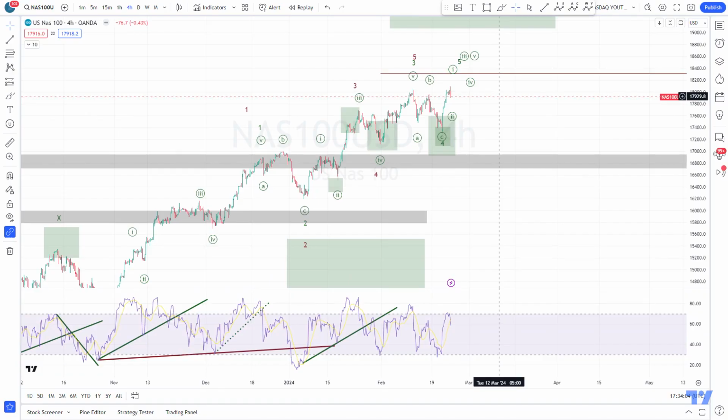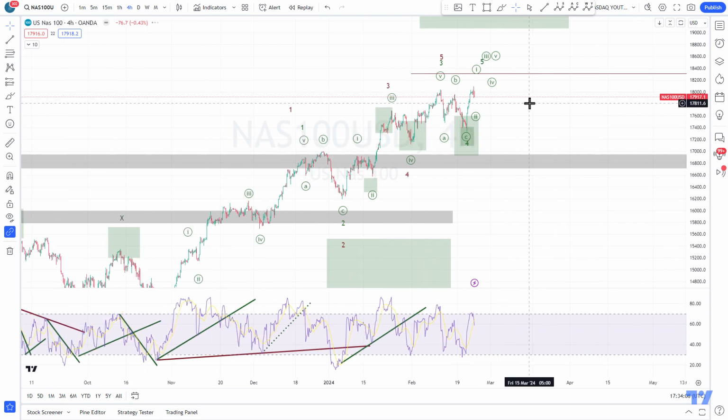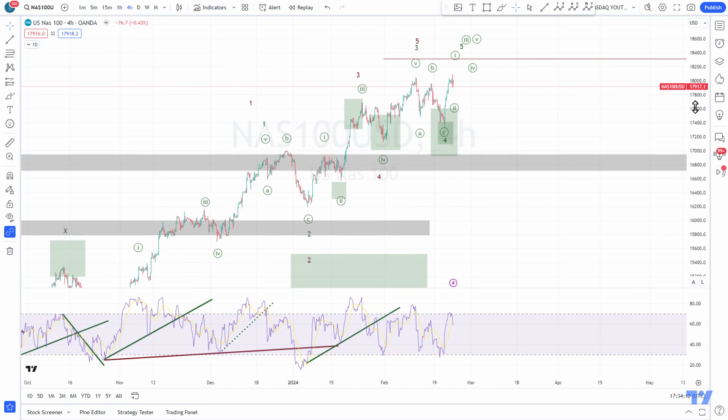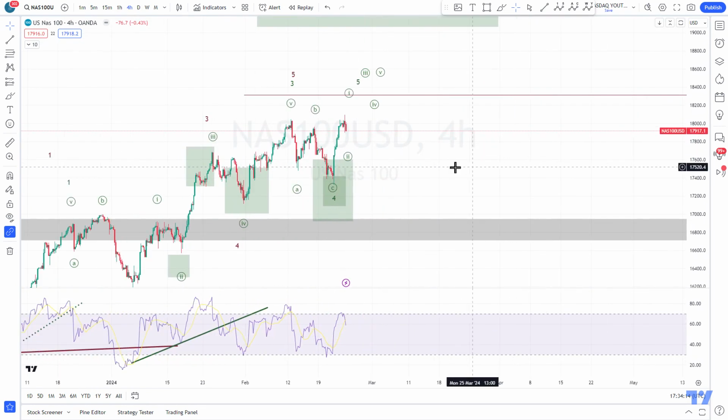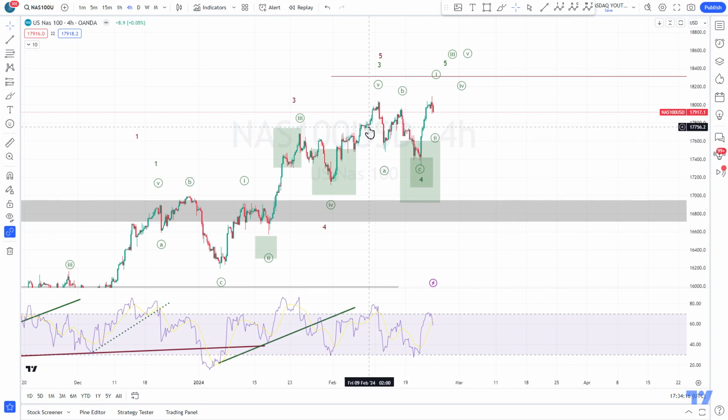Then if we go to the 4 hour. So here in the 4 hour, in my last video, I told you that if we would take out the low right here, I think when I made my video, we did not take out the low yet.